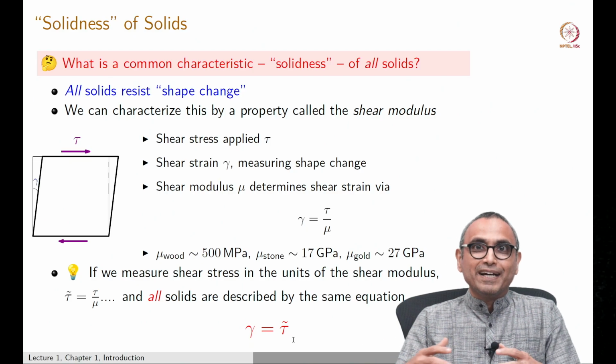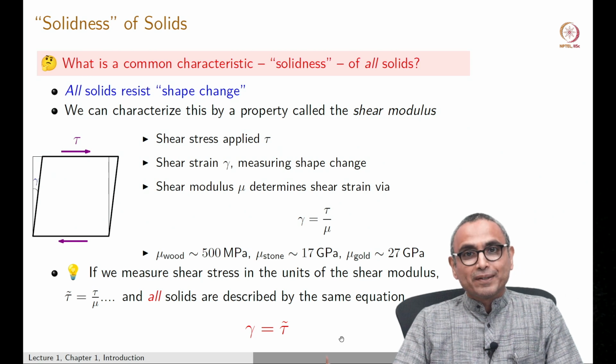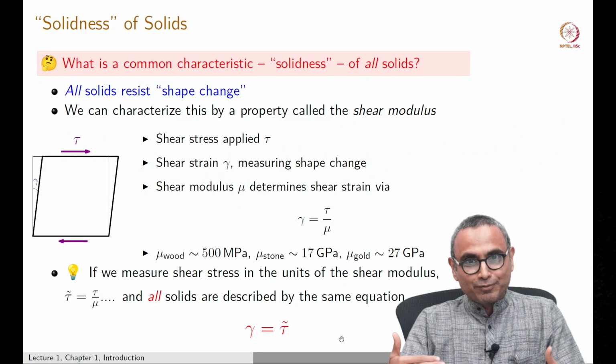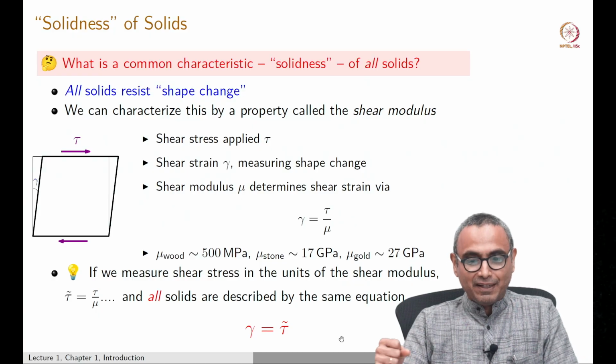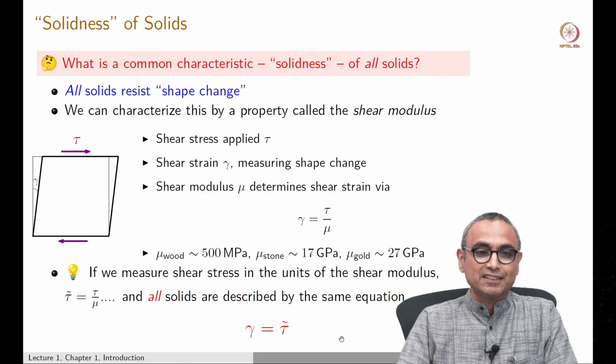So now we have found a sort of universal way of describing all solids, and this equation tells you that all solids are described by such a universal relationship, and this is what we will call the solidness, or the property of being a solid phase.